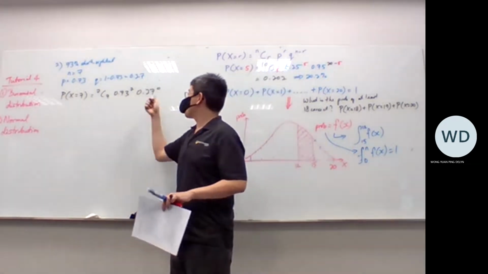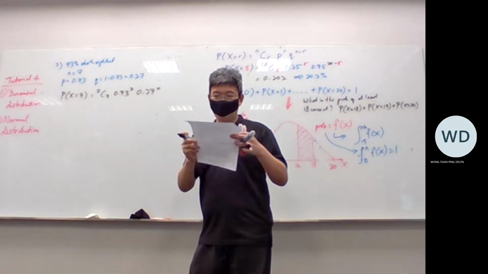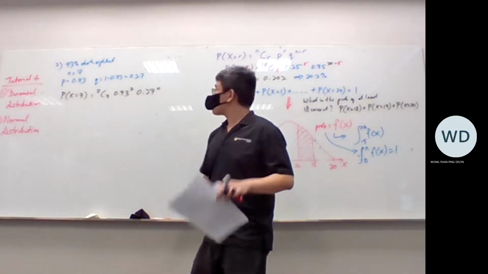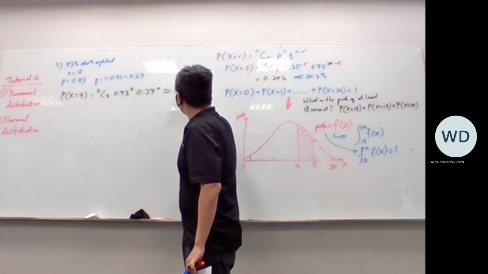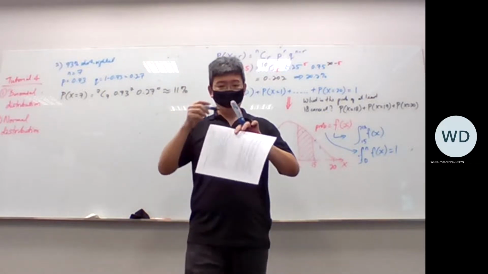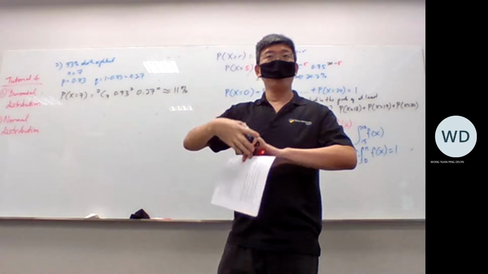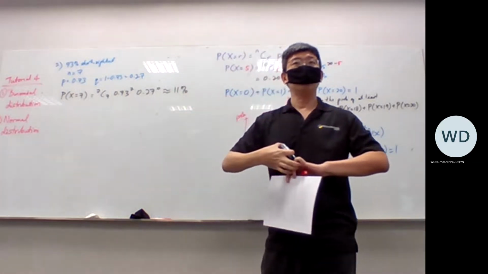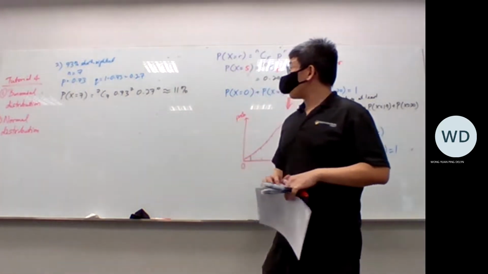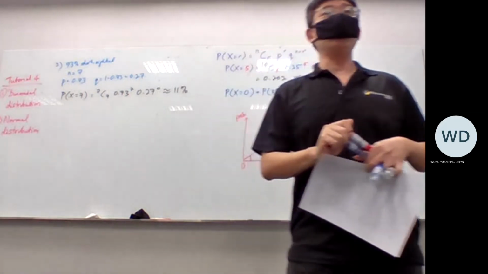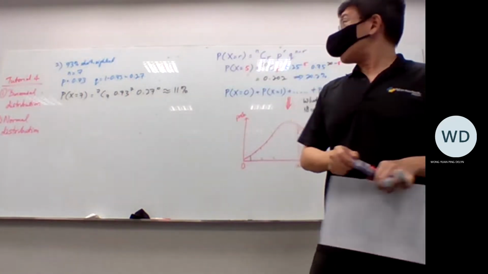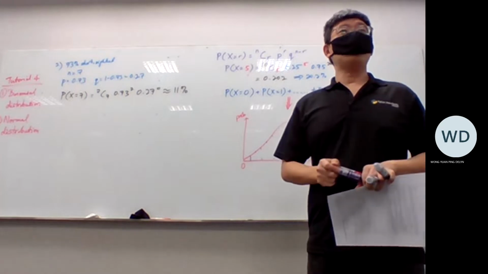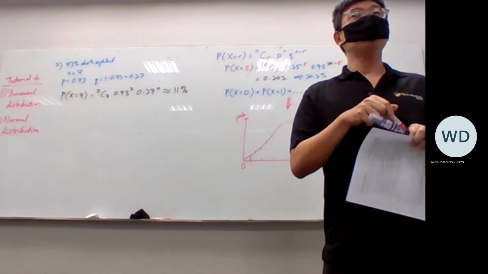Because this will equal to 1, this equals to 1. Okay. So you end up with about 11%. Yes. Can you use factorial? You can. But why kill yourself in the process? That is fine if you get the correct answer. If you get the wrong answer, nobody can save you.